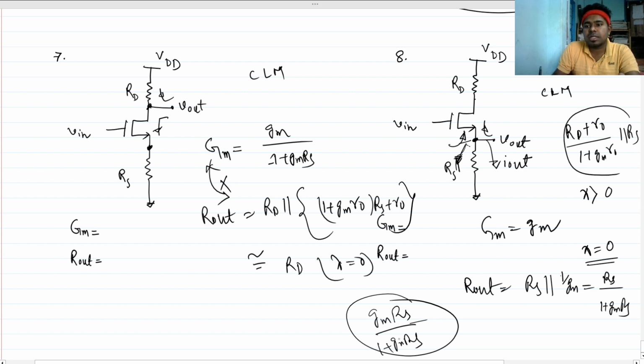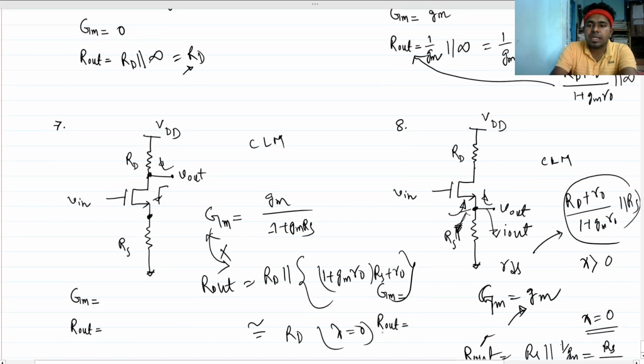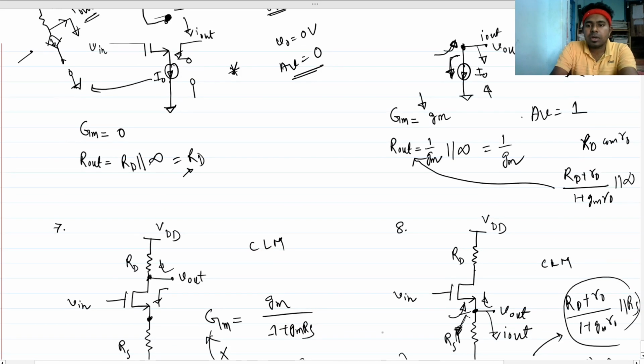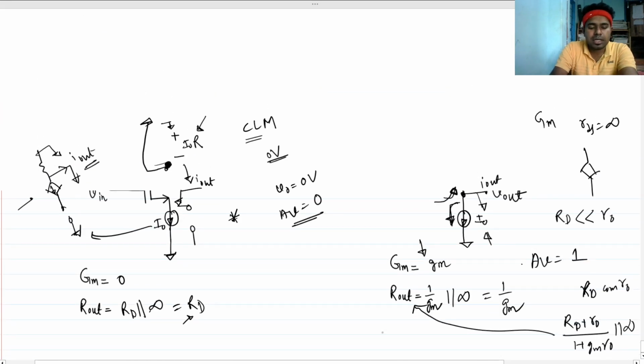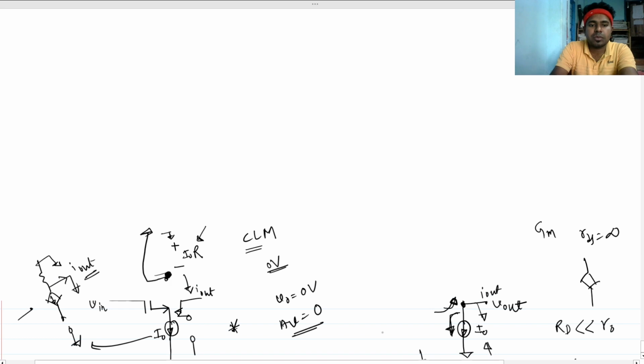So this will be the equation. Then you can replace this R out with this. And we said many times that for overall GM calculation we always neglect RDS, so overall GM will remain the same as small GM. So this is how we can find the overall AC small signal gain of any MOSFET circuit.